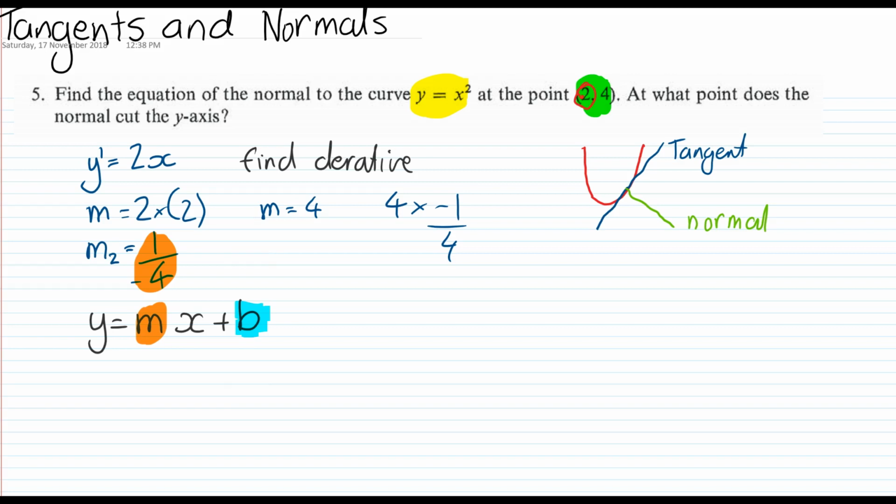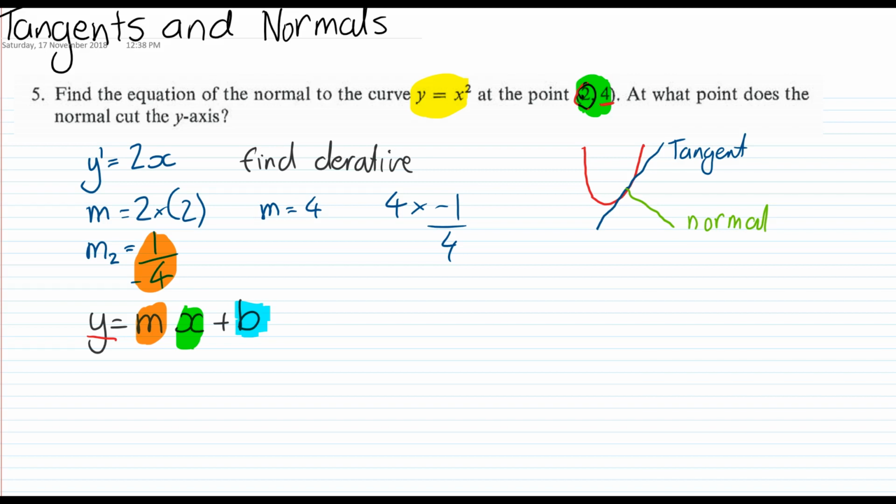But we do have a y and an x and an m, so we can use algebra to solve for that number. We replace the x with our 2 from the x value, and we replace the y with the 4 for y, which we get from the point 2, 4.